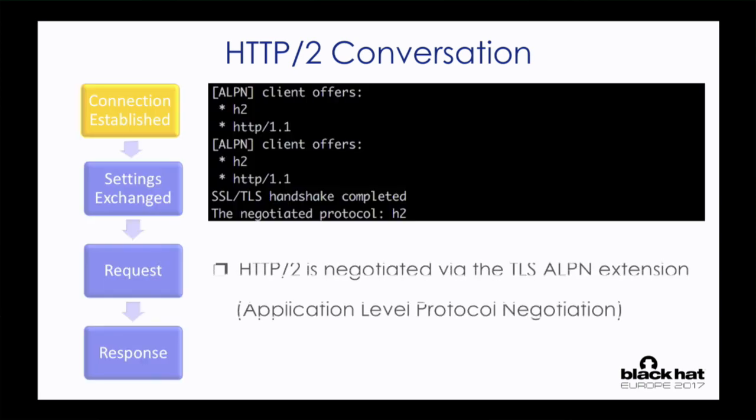First, the connection is established, and there are some negotiations. Now, as I've said, the RFC does allow communication over clear text, but I won't go into that because it's not really prevalent.